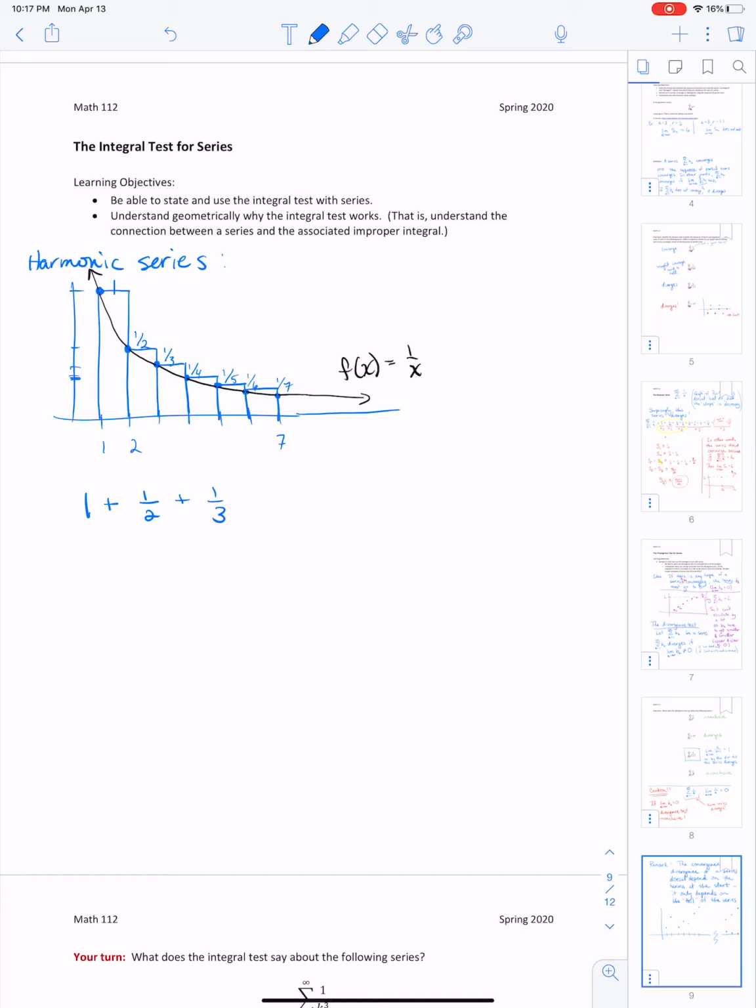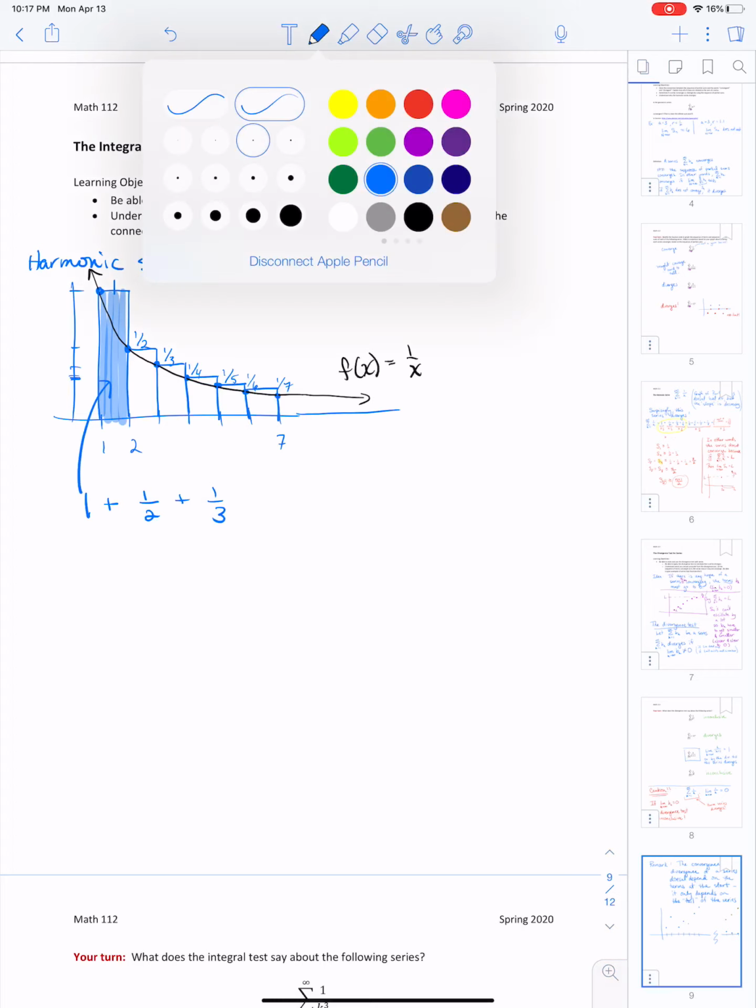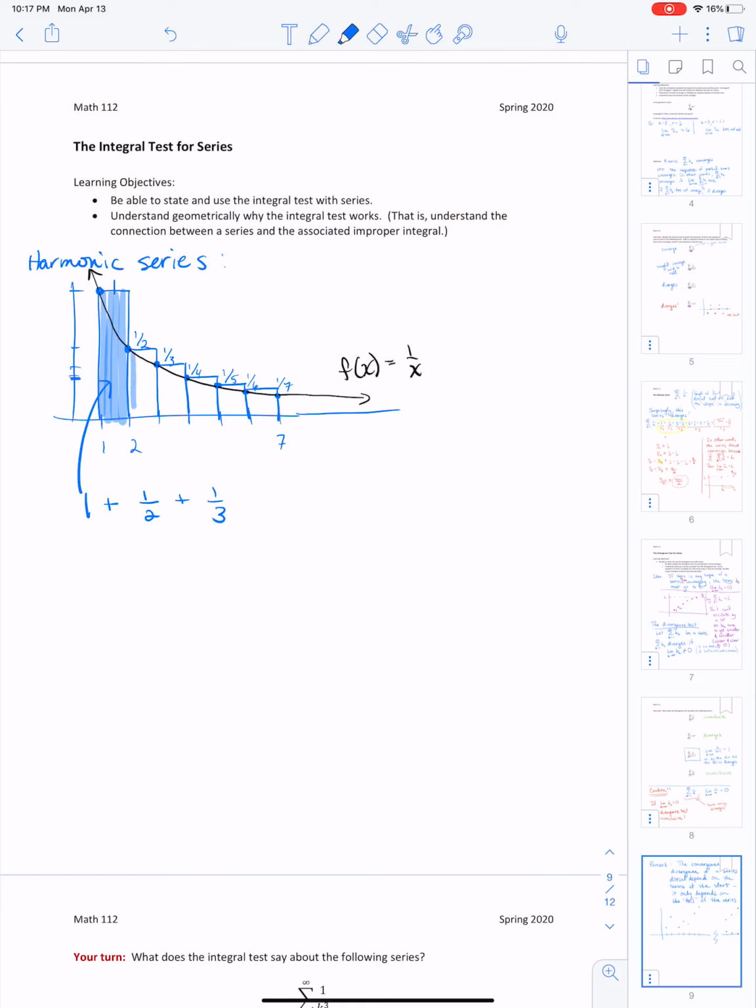What I'd like you to notice here is that the area of this first box is exactly equal to 1. And the area of the second box is equal to 1/2, because the width of the box is 1.